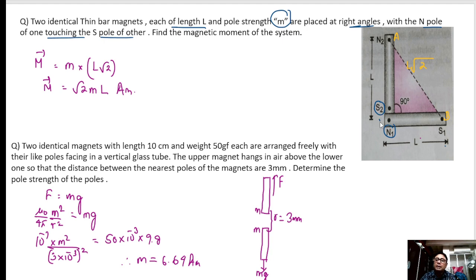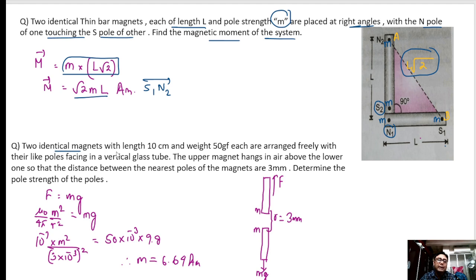All the pole strengths are M. Lengths are given. Find the magnetic moment of the system. This is the magnetic moment of the system they're asking. So what is the net length of the magnet? This is L root 2, and magnetic moment is M into the distance between the two poles, which is this, from S1 to N2 is the direction.